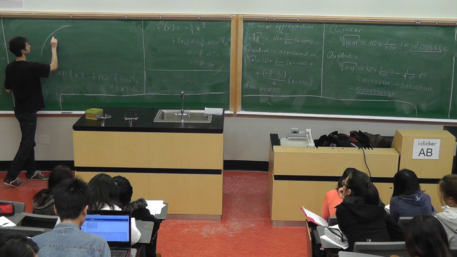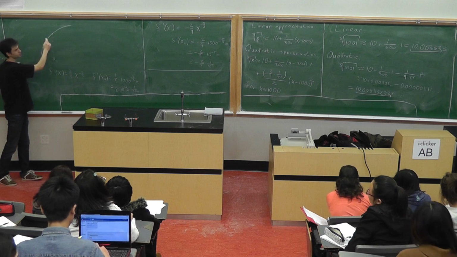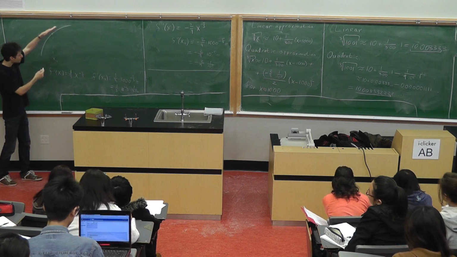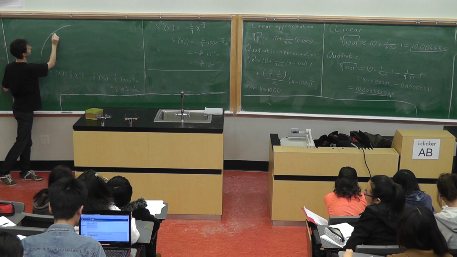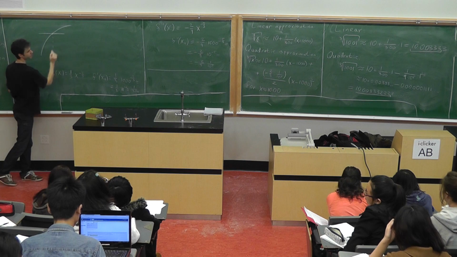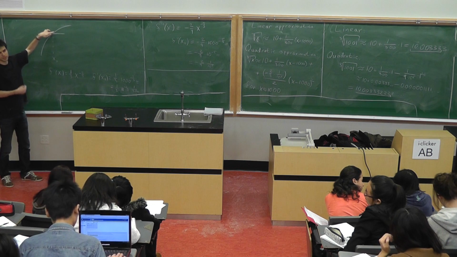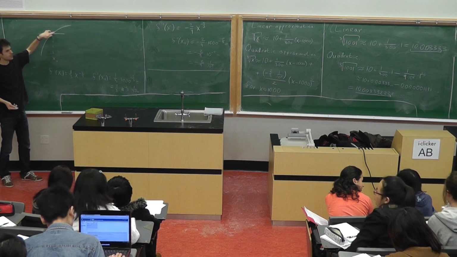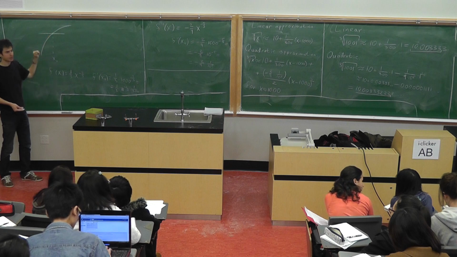If I know that here is my point x0, the best horizontal line that approximates my graph is such one. I can't choose a better one. It actually passes through the point x0 and is the best one. If I make it farther away, it will not pass through this one.